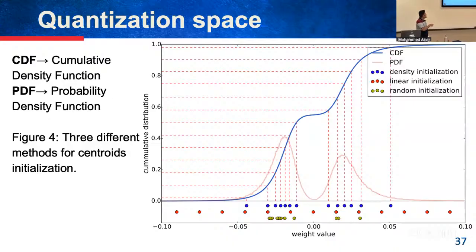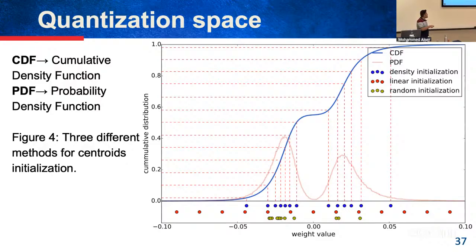And PDF is the probability density function. The weights have a bell shape, like bimodal in this graph. In this region the values are more. If we use density-based initialization or random initialization, they will select the representatives, the cluster centers, from the high density region, but then the outliers will be removed.